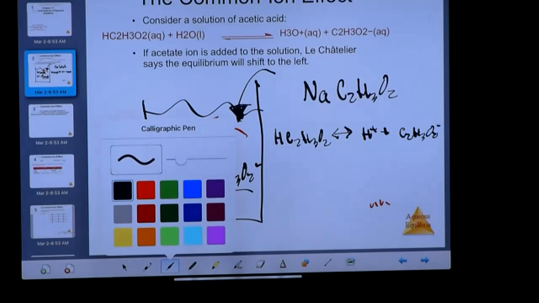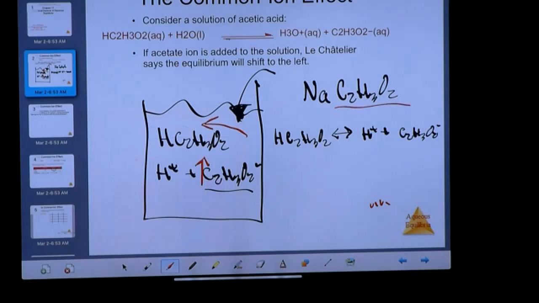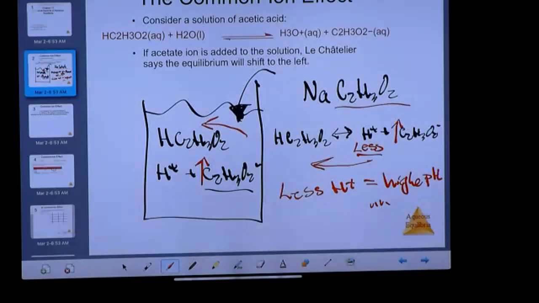So once again, what we're doing in here is by adding the sodium acetate, I add to this side, which means I really make the equilibrium go this way, correct? Okay, which means that I end up with less H plus. If I end up with less H plus, that means I have a higher pH. You okay with that?